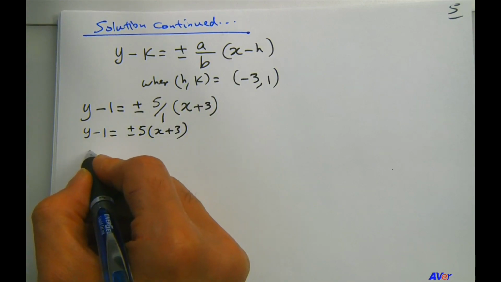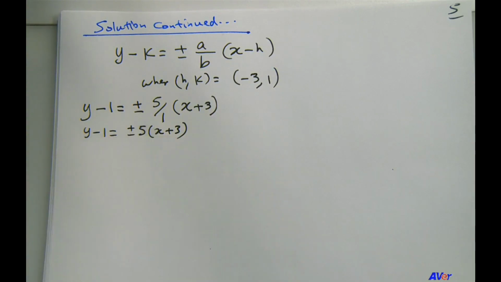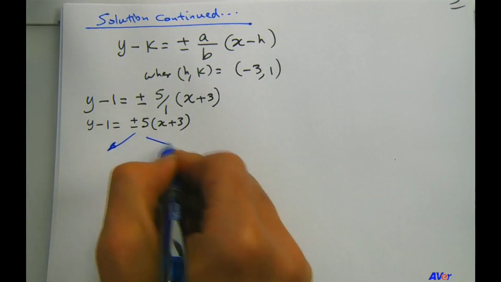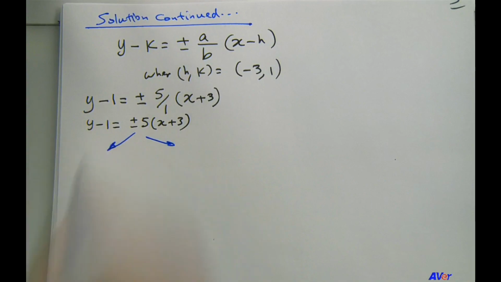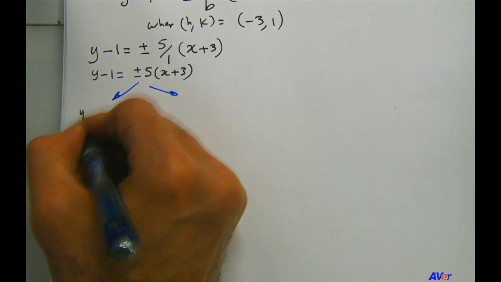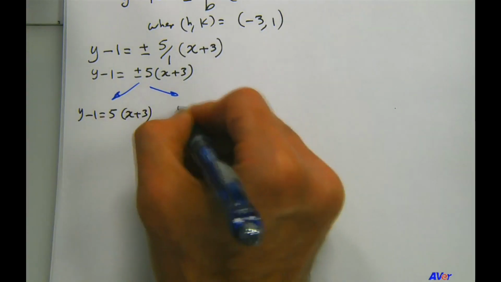And then, of course, we're going to have 2 equations, right? As we should, because we have 2 asymptotes for the hyperbola. So let's find one equation on this side and one on that side. That's one.